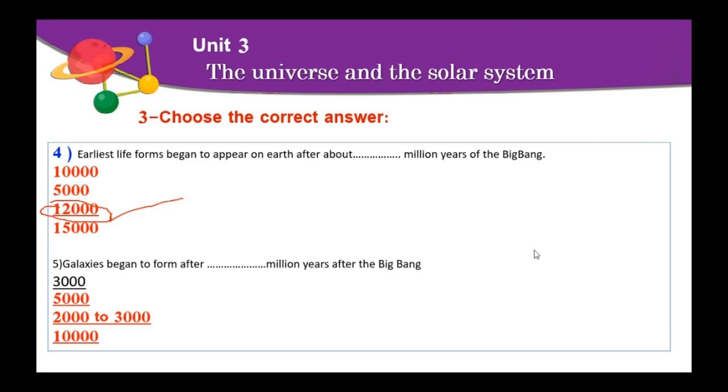Galaxies began to form at 3,000 million years. So the correct answer is 3,000 million years after the Big Bang.